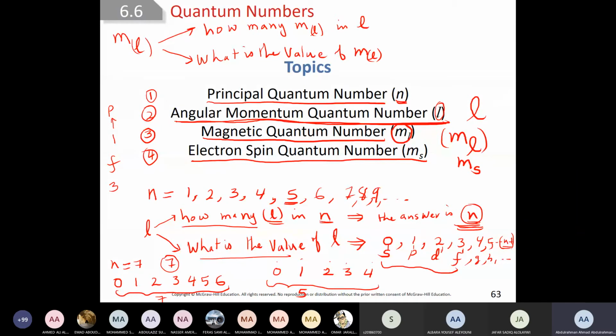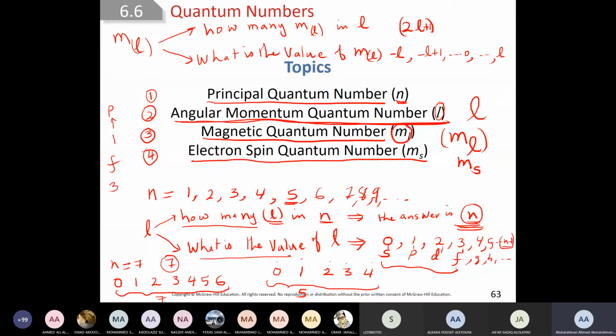If I ask you how many ML in L, you should tell me it's 2L plus 1. And if I ask you what is the value, you should tell me I start from minus L to minus L plus 1 to 0 to L.